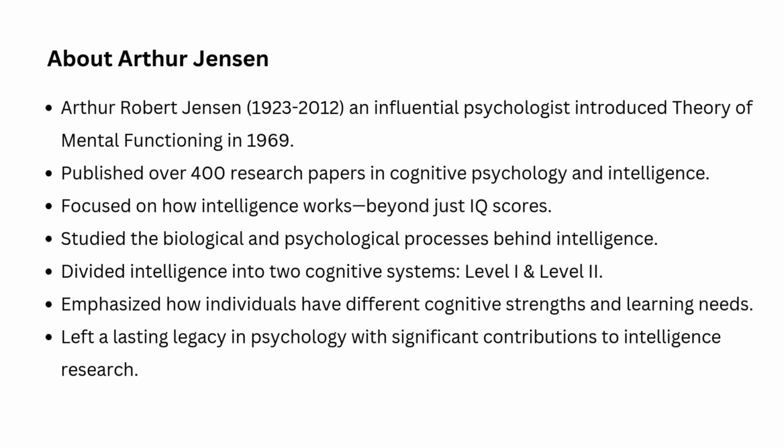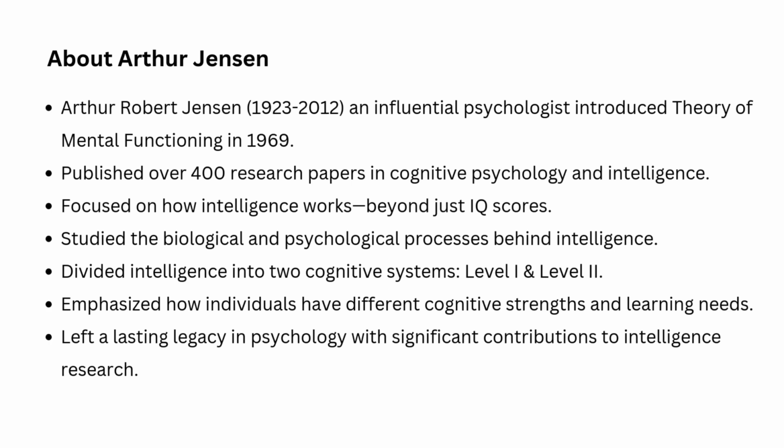Now, Jensen was not just your typical psychologist interested in IQ scores. Instead, he was really fascinated by how intelligence works behind the scenes, how we process, use, and store information. He published over 400 research papers during his lifetime, focusing on cognitive psychology and intelligence.